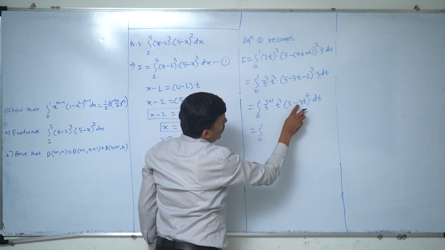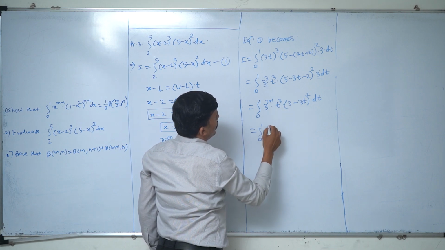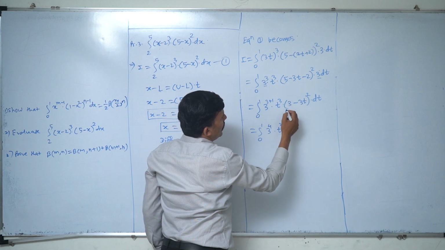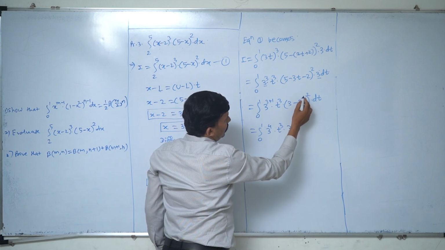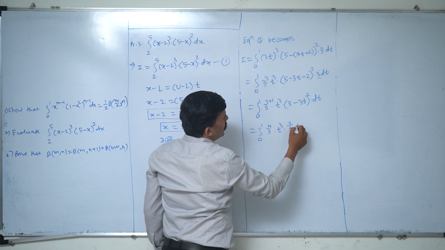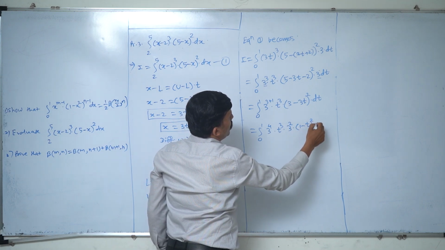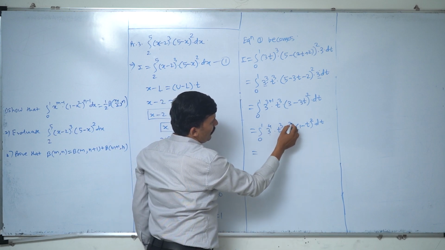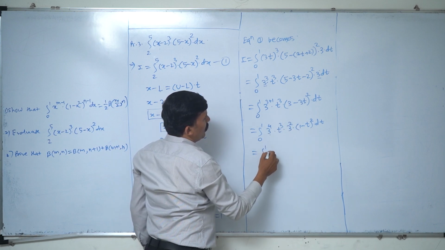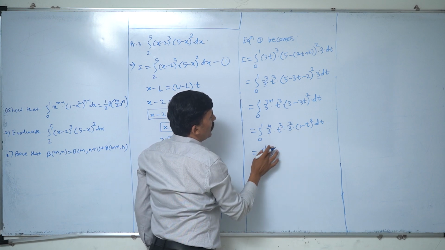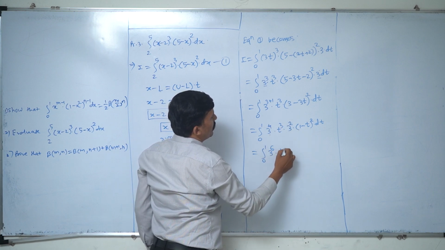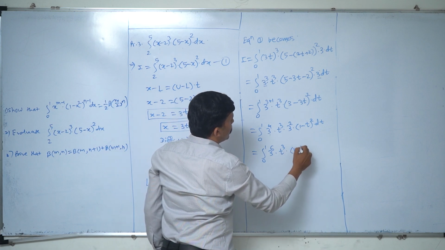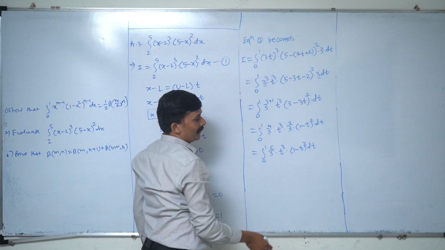Now you can take 3 outside the bracket because 3 is a common term, with power 2. So 3 raised to 2, (1 minus t) raised to 2 dt. So this power is 4, this power is 2. So 0 to 1, 3 raised to 4 plus 2 is 6, into t raised to 3 into (1 minus t) raised to 2 dt.